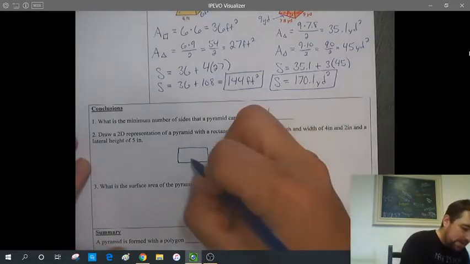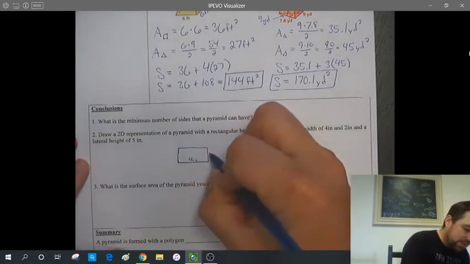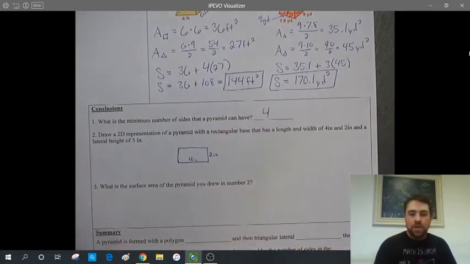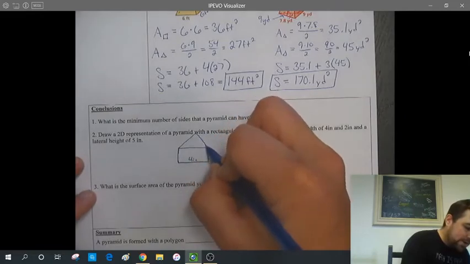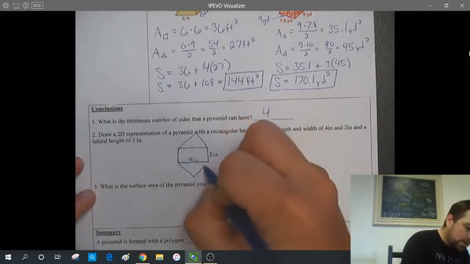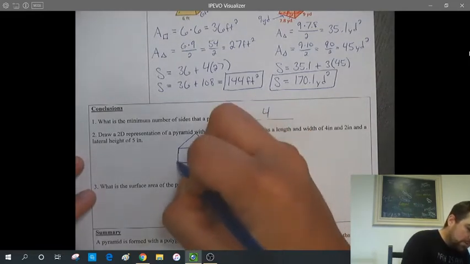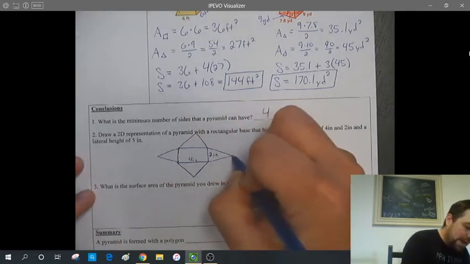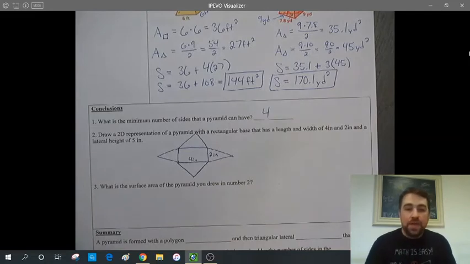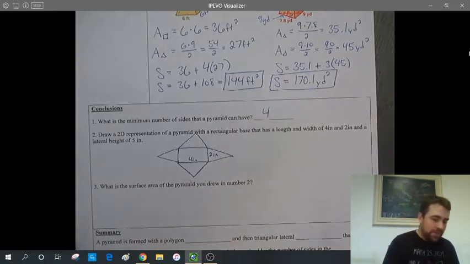If it has a length of 4 inches and a width of 2 inches, then in order to make the pyramid, we're going to have our triangle lateral faces. Now, we're going to have 4 of them, but the mistake I made was I only gave you one slant height.